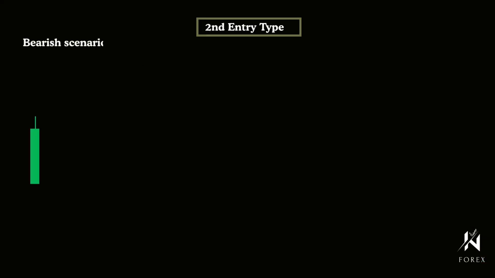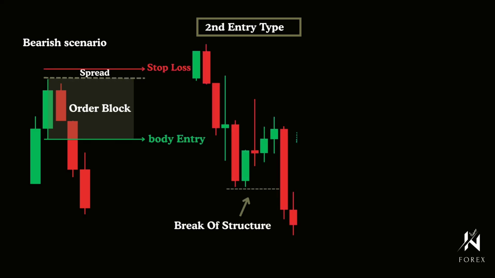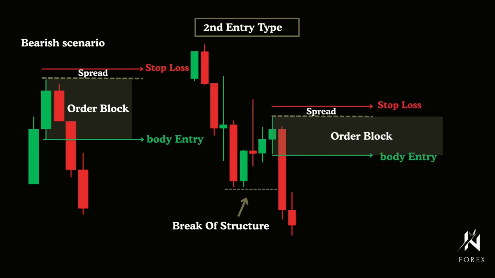The second entry type is known as the body entry. In this method, once a valid order block is identified, the trade is executed based on the body of the candle. For sell positions, the stop loss is placed a spread size above the high of the wick. This approach generally provides a more favorable reward-to-risk ratio, making it ideal for traders aiming for maximum efficiency in their setups. Compared to the previous entry type, the body entry offers a tighter stop loss, which enhances the overall reward-to-risk ratio.